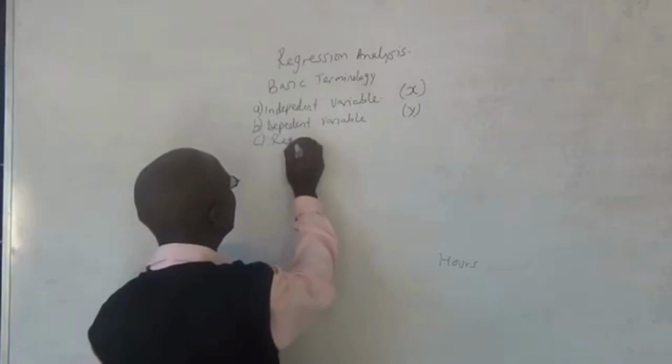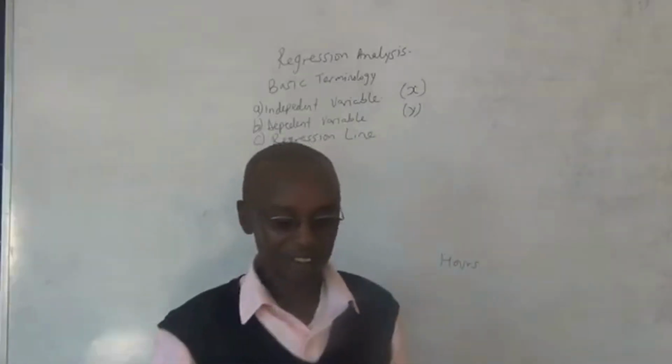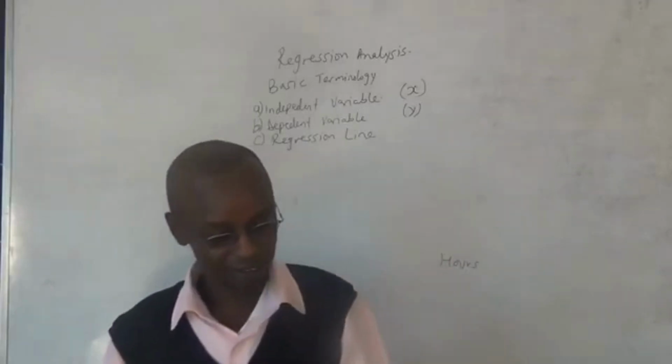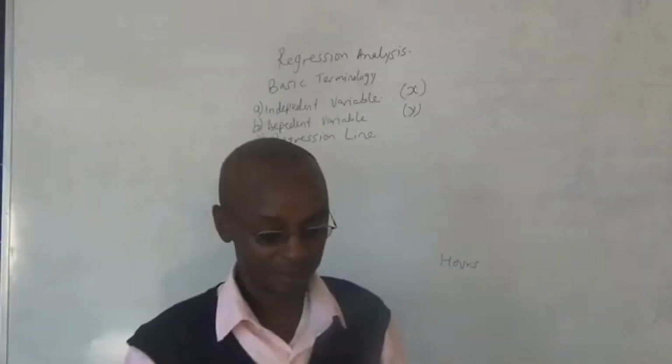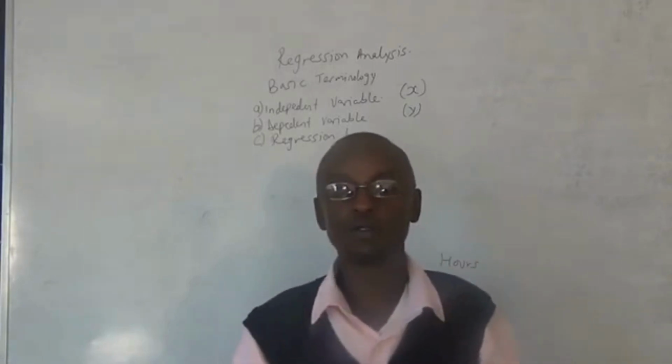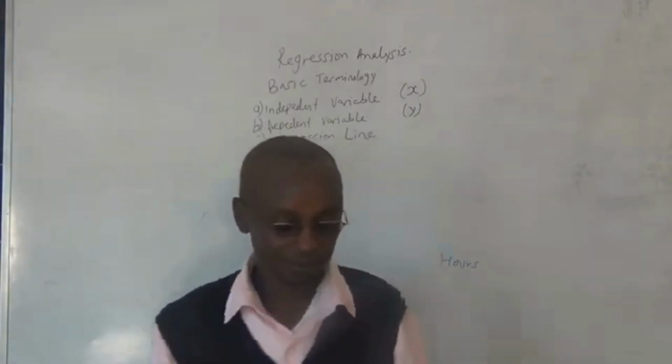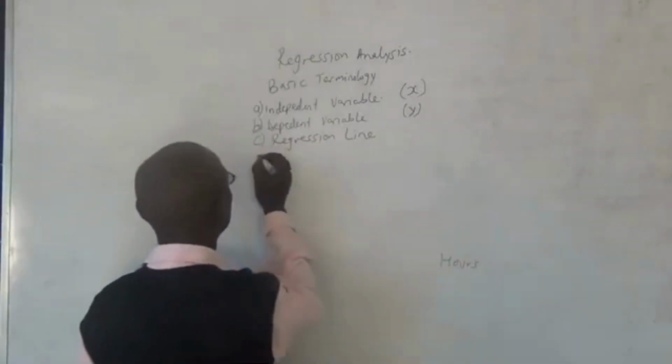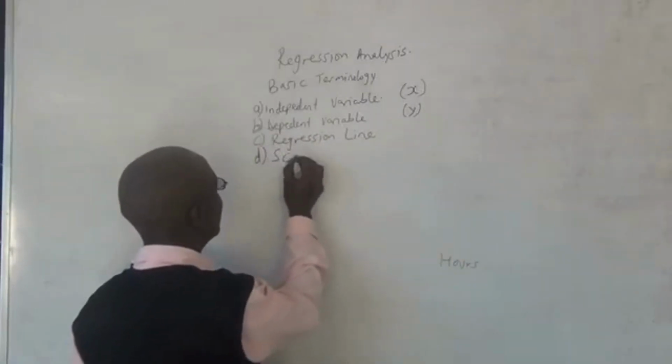Then we have number C, regression line. Regression line is a straight line showing the average relationship between two variables. Scatter diagram.